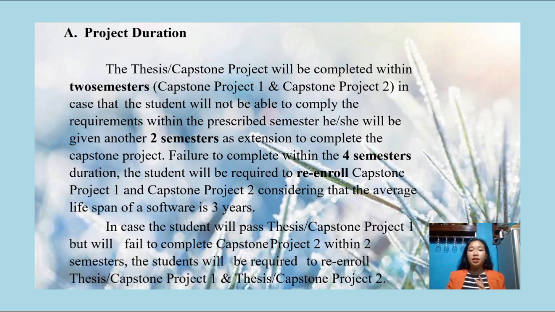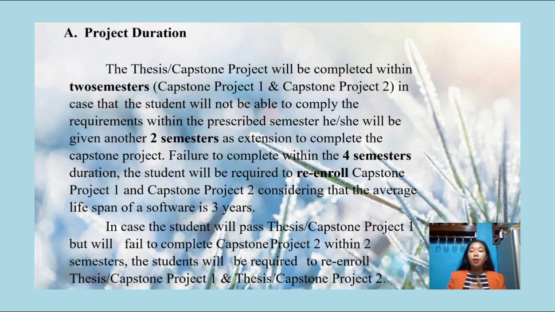Okay, let's proceed to A, which is project duration. The thesis or capstone project will be completed within 2 semesters, Capstone Project 1 and Capstone Project 2. In case the student will not be able to comply with the requirements within the prescribed semesters, he or she will be given another 2 semesters as extension to complete the capstone project.